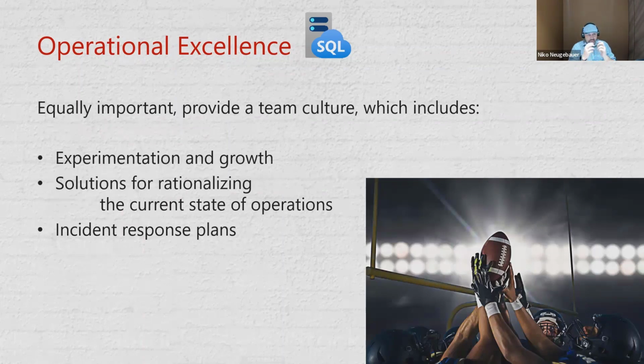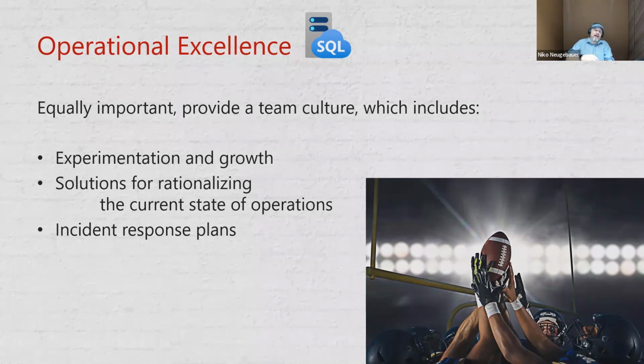Operational excellence is equally important to the team culture. For the last couple of years, the importance of the team culture has been played over and over again. But without experimentation and growth for platform as a service, PaaS services, your application will get stuck, because we keep on introducing new features, we keep on improving the product as the customer is running it.